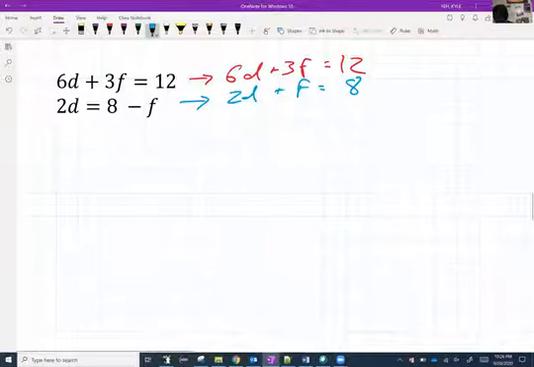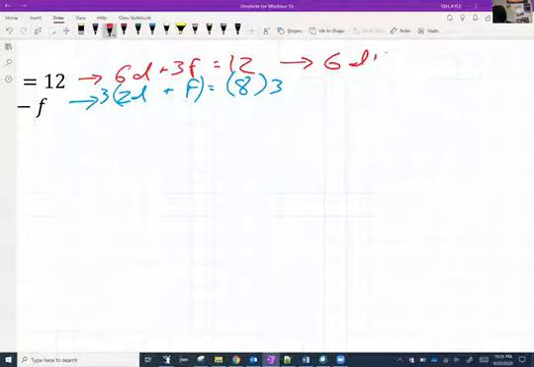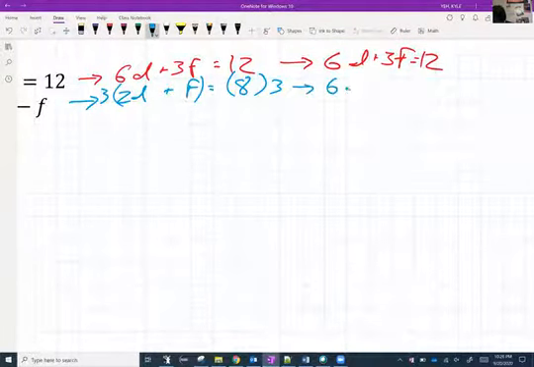So I'm going to multiply the second equation by 3 on both sides, and that'll get me to 6D. So top equation stays the same. 6D plus 3F equals 12. The second equation becomes 6D plus 3F equals 24.